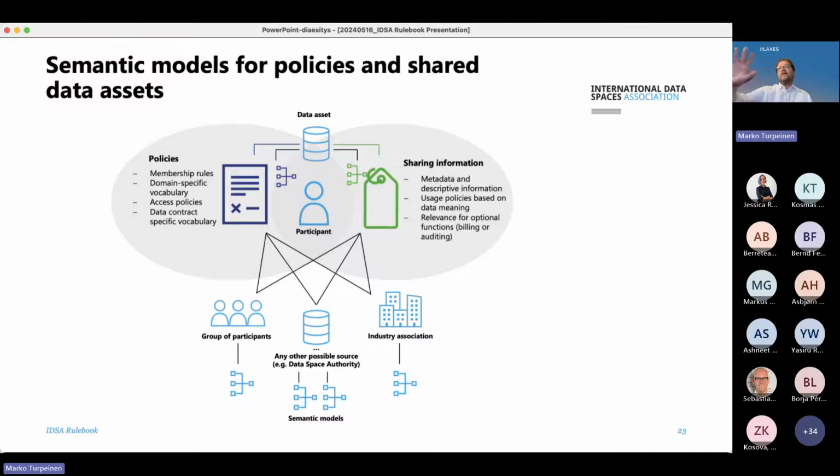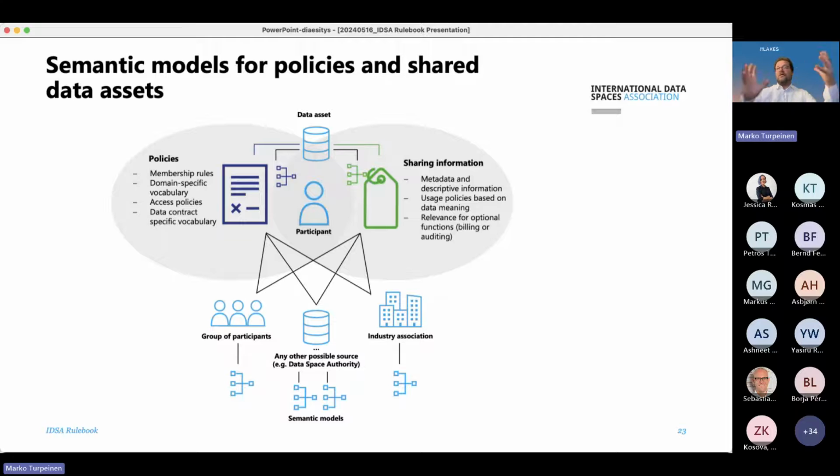So that's one side, and then there is the other side of actually sharing the information, the different kinds of metadata and description information that should be in the catalogs about the data assets, usage policies, and then relevance of other functions, like, for example, billing functions and so forth, could also be added as semantically interoperable metadata.